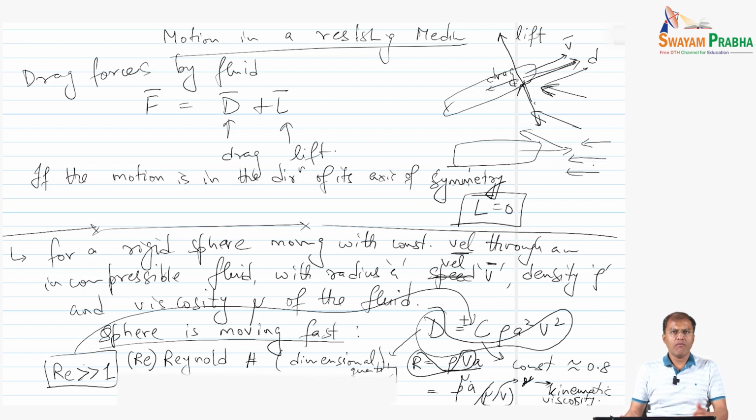Now, what happens in the other limit, that is, when the Reynolds number goes to 0, or we have an extremely slow velocity of the sphere? In that case, the previous drag result doesn't hold and we have a new result.